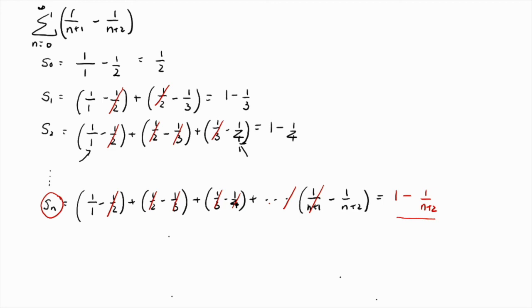So what does it mean if a series converges? Well, we look for the limit as n approaches infinity of the nth partial sum. And since we have a really nice formula, this limit can be easily found by writing Sn equals 1 minus 1 over n plus 2.